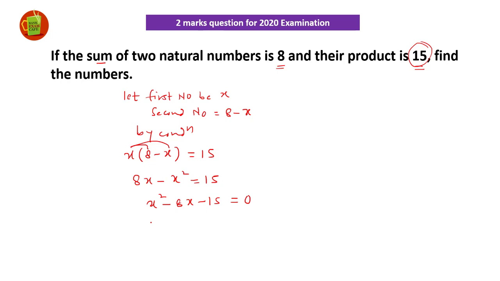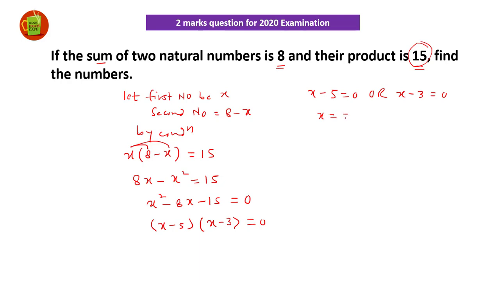So you will get the two factors as x minus 5 and another factor will be x minus 3, which is equal to 0. The product of these two brackets is 0. It means either this bracket should be 0 or this bracket should be 0, then the product will be 0. So x minus 5 is equal to 0 or x minus 3 is equal to 0.